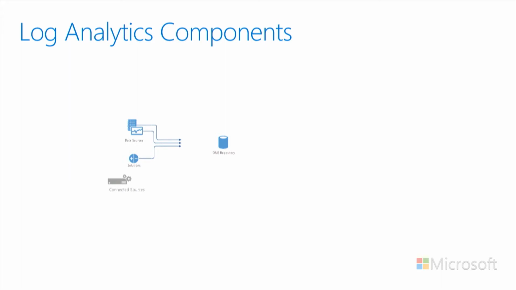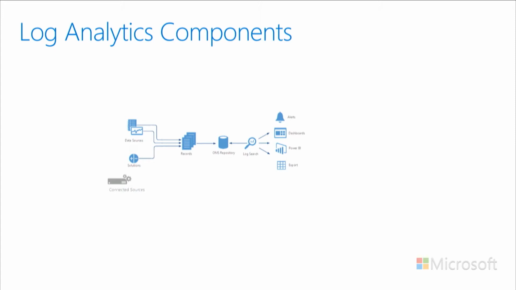The data is stored as records in the repository. And from then on, you can use log search to search it. You can use it to create alerts, to create dashboards, or to export the data to Power BI or other services. So these are the components of log analytics.